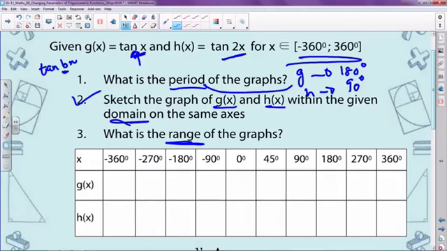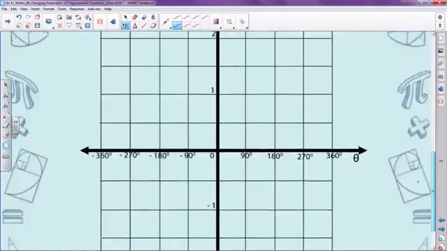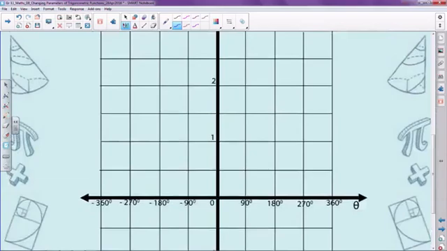And now, what is the range of the graphs? Now remember the range, we're talking of the y values, and you look at your tan graph, something like this, and it should be asymptotic at minus 90 and 90.